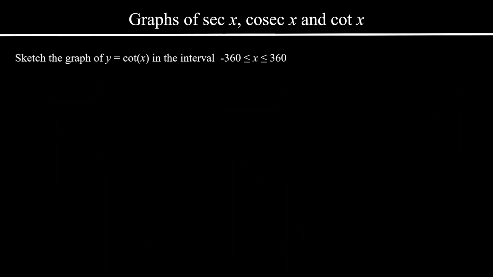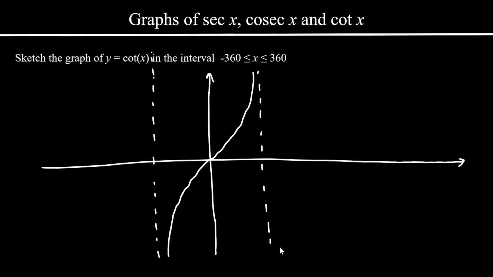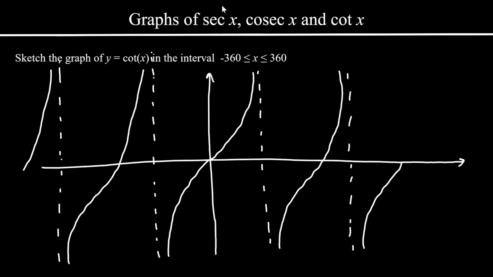And cot. So again, cot is 1 over tan. So let's start with our tan graph. Our tan graph takes this shape, and the tan graph has asymptotes.